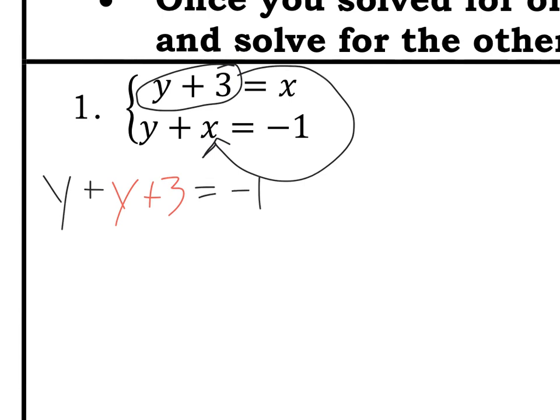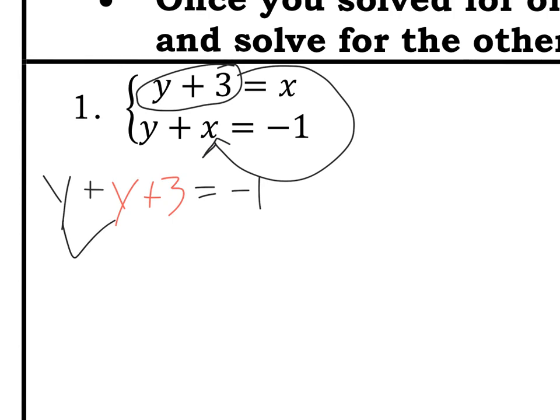The whole reason you do this is because you can solve a one variable equation quite easily. If you have 2 variables in one equation, you can't exactly solve that. You can't get an answer like y equals 3. So by doing this, we now have the same variable twice, and we only have one variable, just one letter, a y.